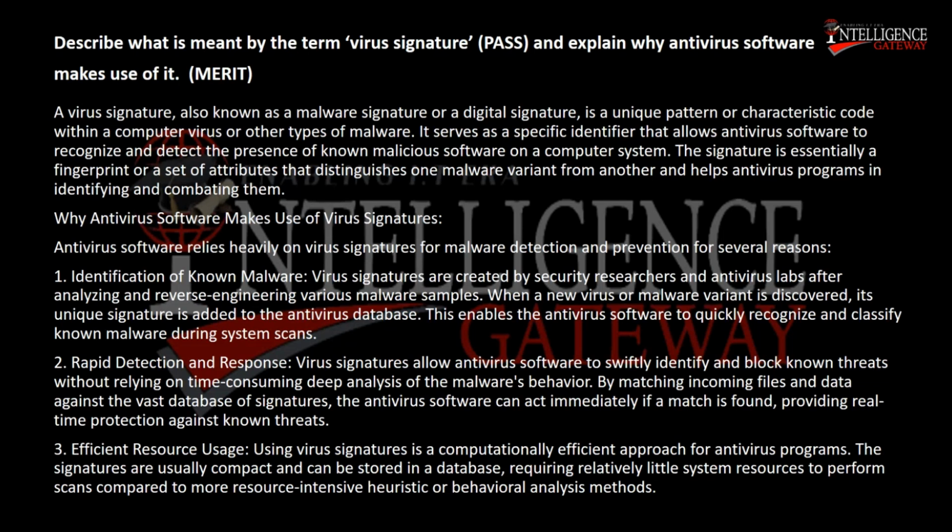Rapid detection and response. Virus signatures allow antivirus software to swiftly identify and block known threats without relying on time-consuming deep analysis of the malware's behavior. By matching incoming files and data against the vast database of signatures, the antivirus software can act immediately if a match is found, providing real-time protection against known threats.